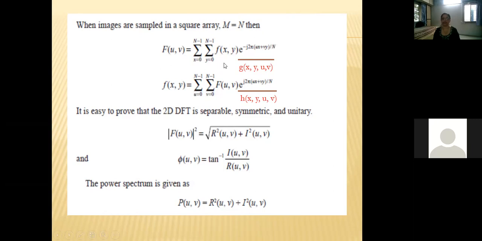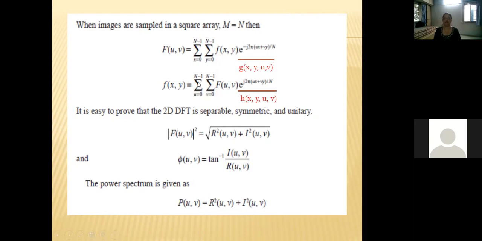Okay, so this is the equation for the two-dimensional discrete Fourier transform. And this term, e raised to minus j 2 pi (ux plus vy) by n, is nothing but the forward transformation kernel for the Fourier transform. So your g(x,y,u,v) is given by this e raised to minus j term.